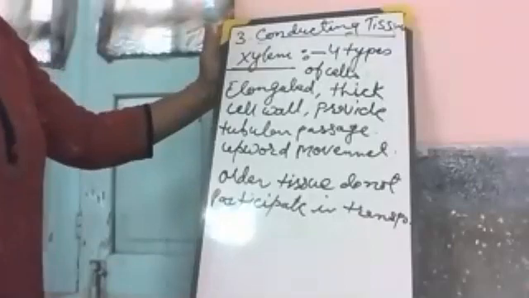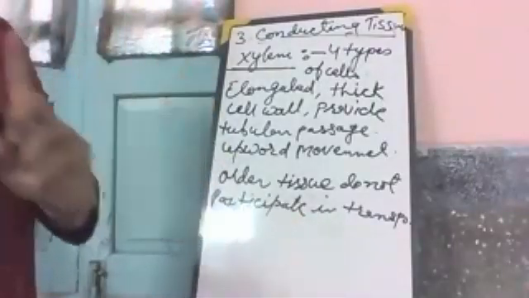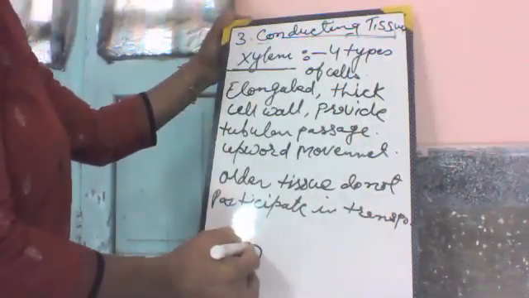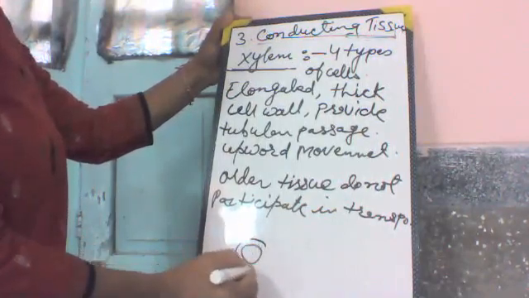Every year they form a ring, a layer of xylem.